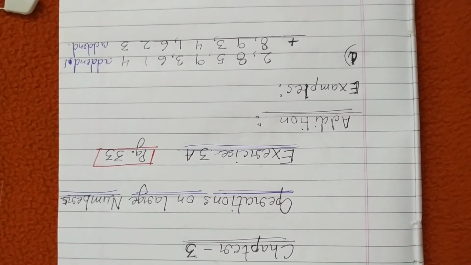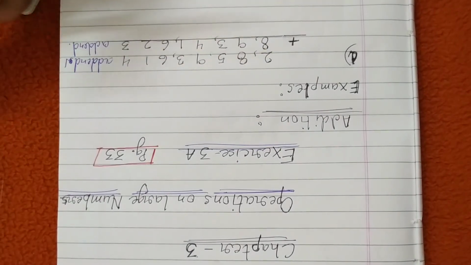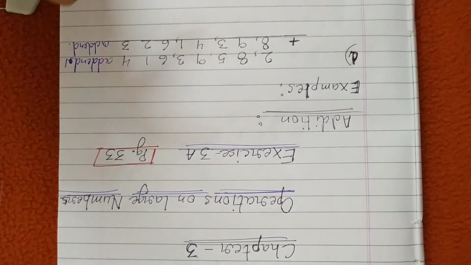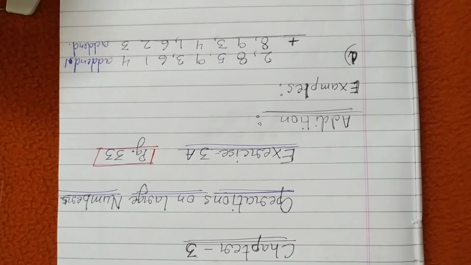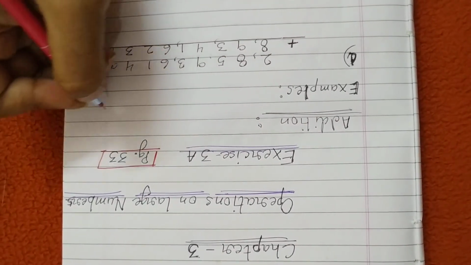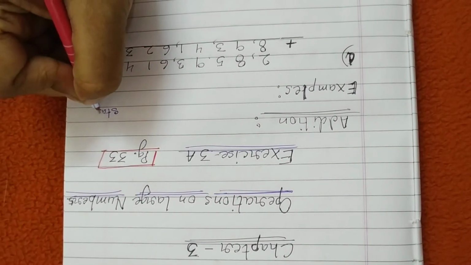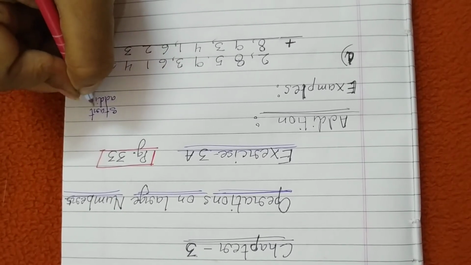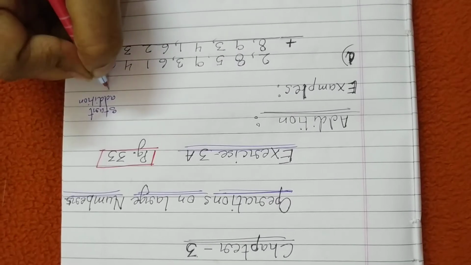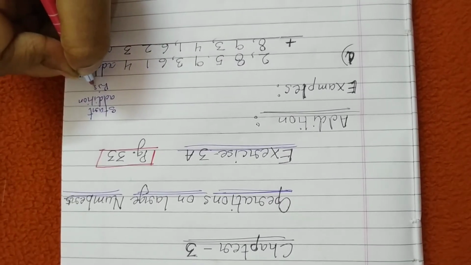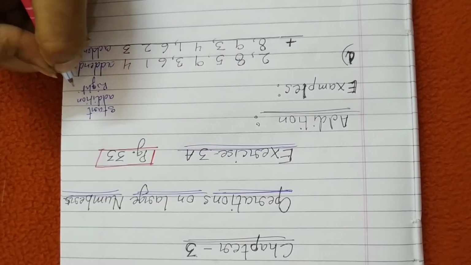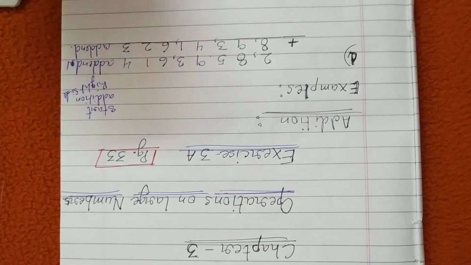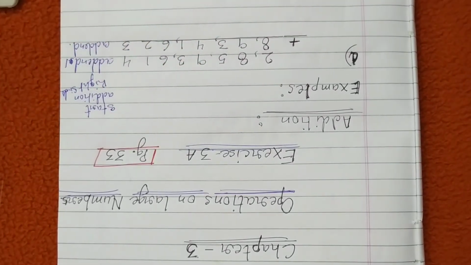And we always start addition from the right hand side. Start addition from the right side. Okay, now this is also clear to you.